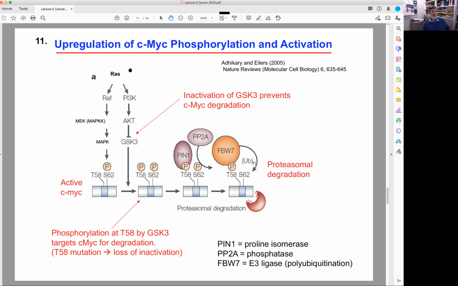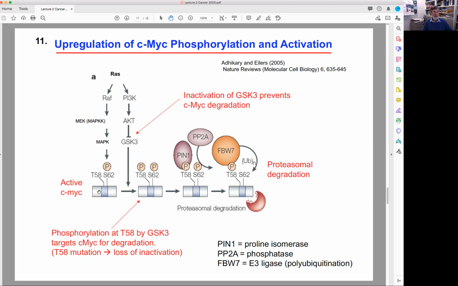So overexpression of RAS, for example, which we saw earlier in the lecture, you'll get activation of RAF, which phosphorylates MEK, which phosphorylates MAP kinase, and then the MAP kinase phosphorylates c-MYC here at serine 62. So you've got the phosphorylated serine 62, and that converts c-MYC to the active form to carry out its function.